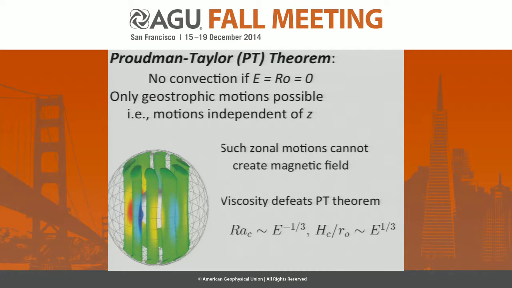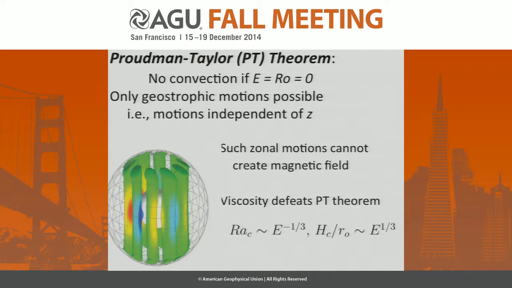So viscosity can defeat the theorem, and it does that in an ingenious way. It creates small length scales in the direction perpendicular to the rotation axis, and the length scales are typically, at marginal convection, of order E, the Ekman number. So the scale of the motions gets smaller and smaller as you decrease E. At the same time, you're having to pump a lot of energy in to maintain such viscous motions.